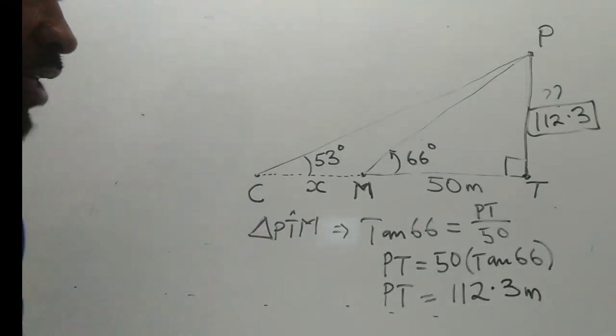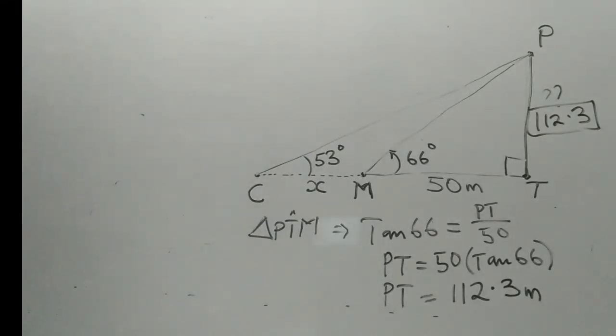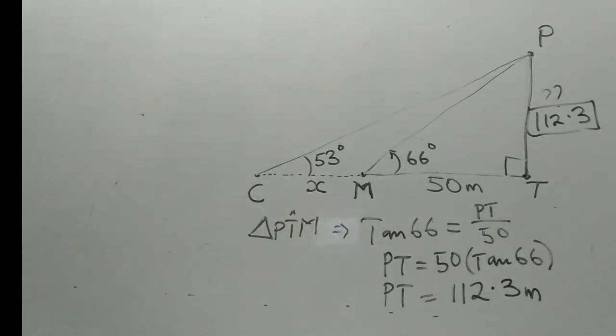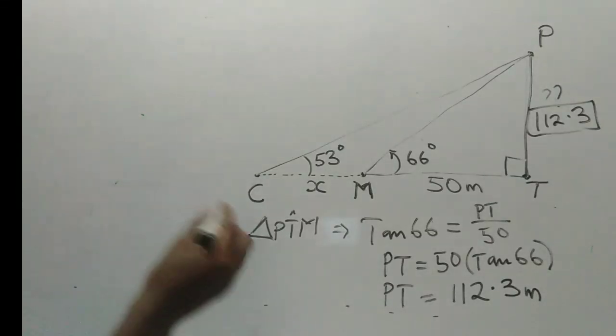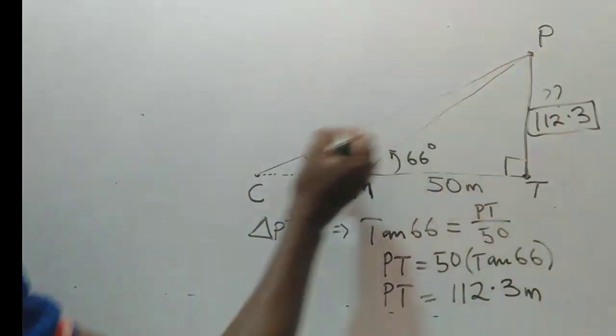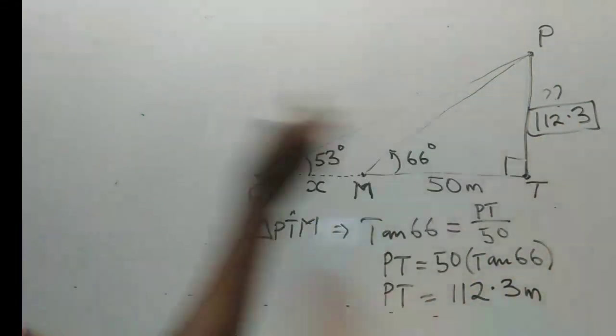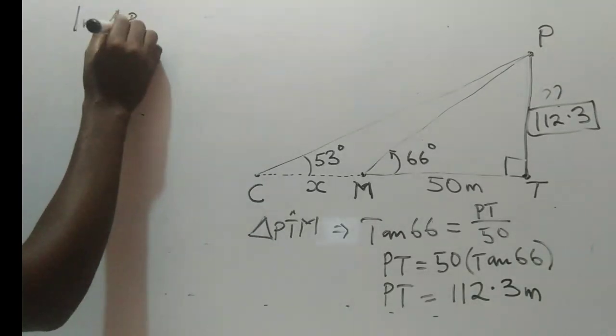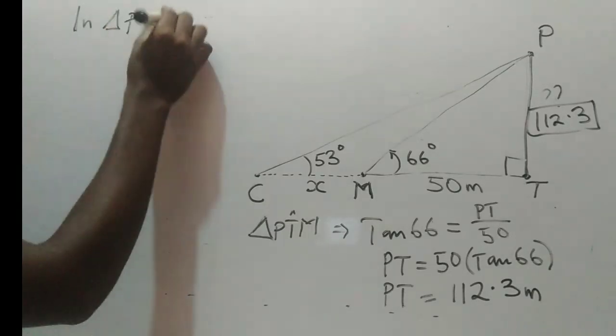Now let's get the II part of B. The second part says we should find this x value. Now to get this x value, we are going to consider triangle PTC.